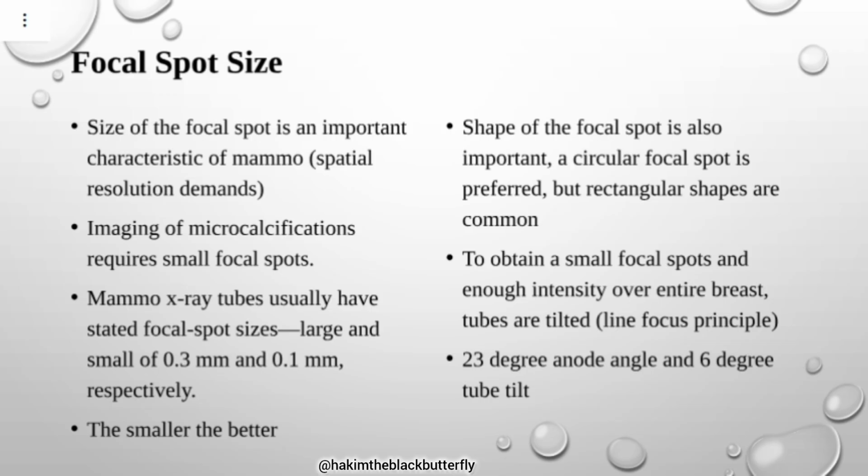The smaller, the better. The shape of the focus spot is also important. Normally, circular focus spots are desirable, although rectangular shapes are very common. But in mammo, we need round, or circular, focus spots.